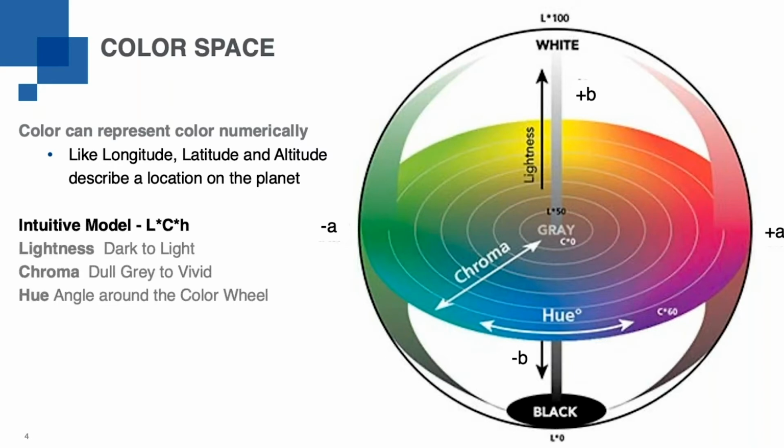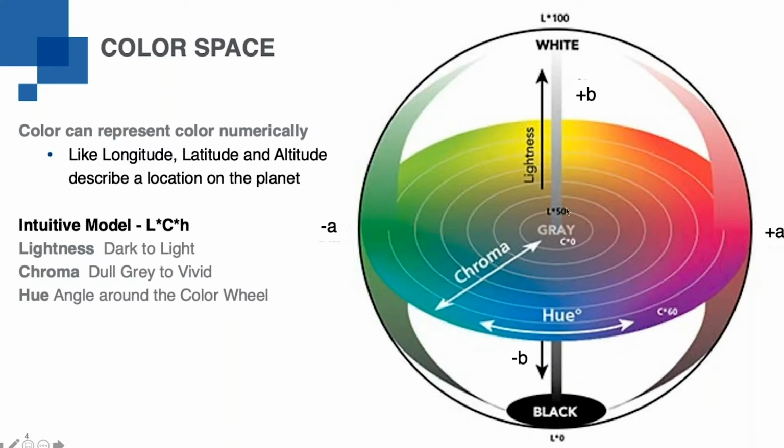So the most intuitive model is something called LCH. The L is describing how light or dark the color is. That's that axis right up the middle here. Is it a high value moving towards white? Is it a low value moving towards black? And then the chroma is how dull or vivid it is.